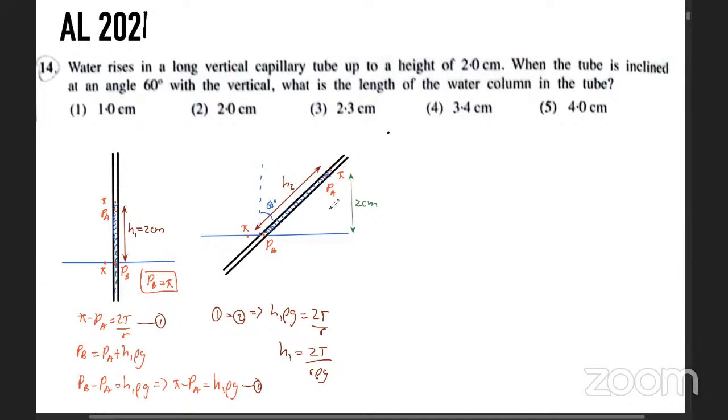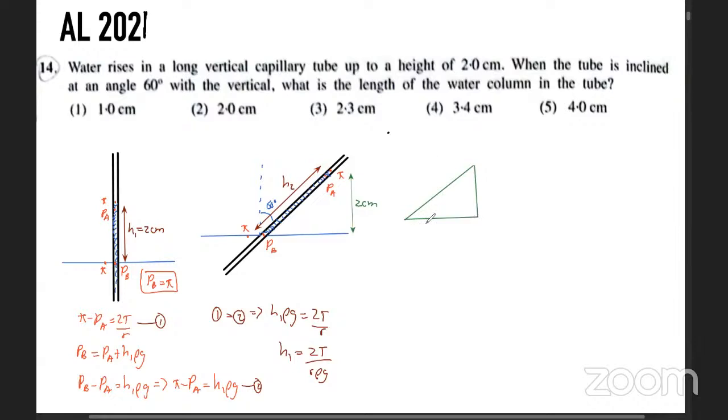So none of them were changed. So my point is PB here and PB here should be same. For PB to be same, the vertical height, not the length, should still be 2 centimeters. So if this is 60, now we have a triangle to analyze.